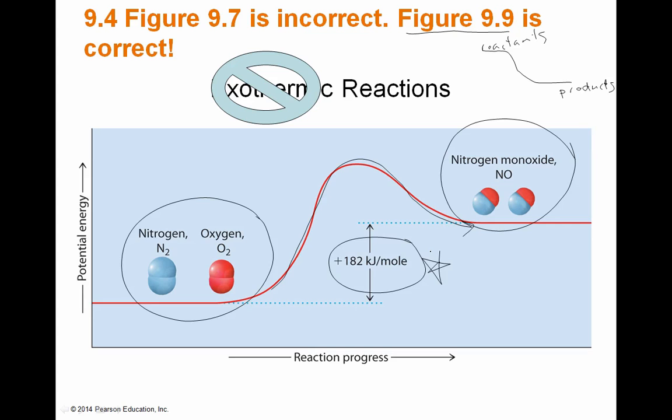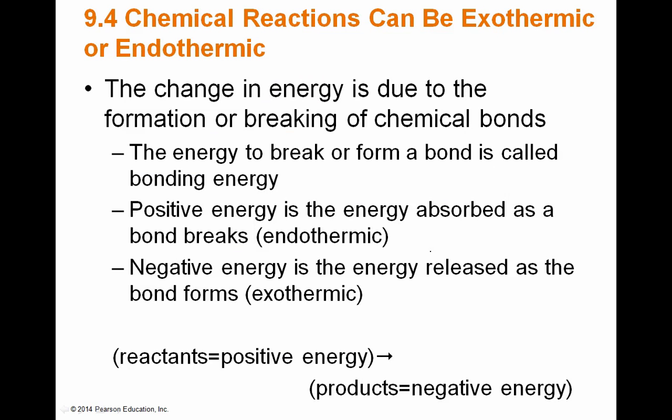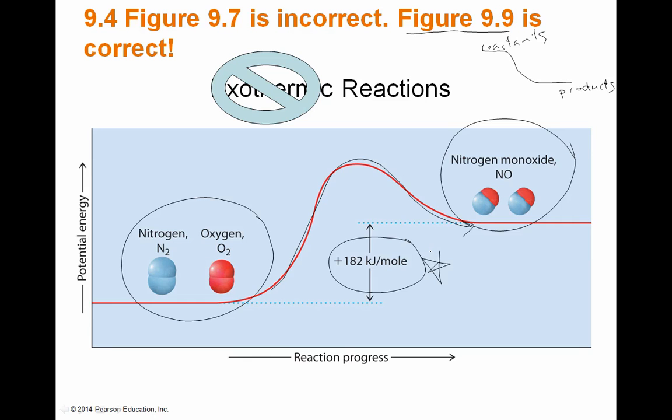What we're going to be talking about today is how to tell whether or not a reaction is endothermic or exothermic, simply by looking at bond energies. The change in energy from reactants to products is due to either the formation or breaking of chemical bonds. If you think about the last example, in order to form nitrogen monoxide, nitrogen had to break the bond between the two N's.